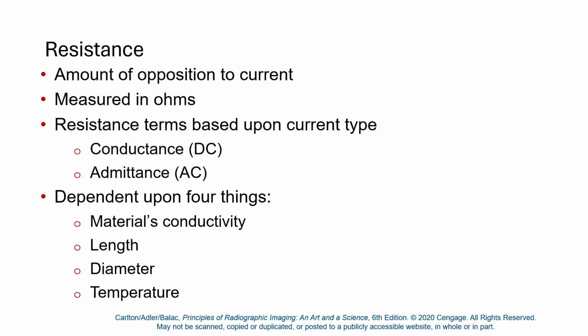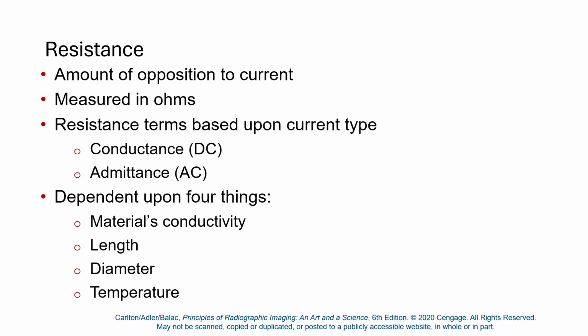And it's dependent upon four things. Now, if you're going to be an electrical engineer, you have to remember these to pass your electrical engineer certification exam. The overall conductivity or resistivity, the length of the wire, the diameter of the wire, and the temperature of the wire. Okay, all those things affect the resistance.